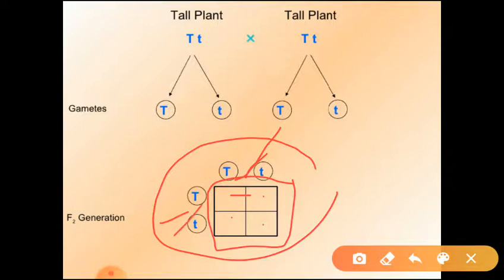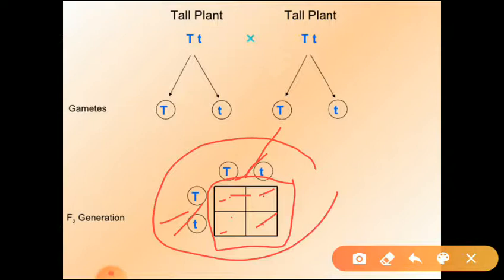And their resulting combination we can write in the subsquare. That resulting combination we are calling as the genotype. Genotype means the set of genes present in that particular organism, and their phenotype we can write below the genotype. What is a phenotype? Observable features which are genetically controlled. Okay, this is the Punnett square.